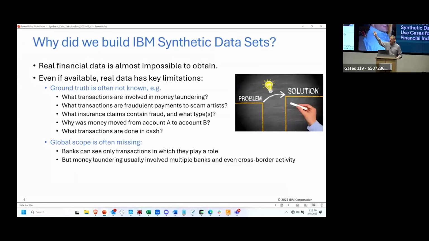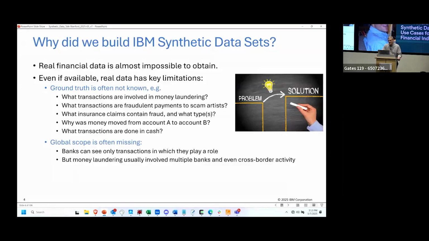And now to jump down to the bottom part of the slide, global scope is often missing. So in places like the US, for example, banks can only see the transactions at which they play a role. So say JP Morgan has a transaction that's going to Citibank. Well, the two of them can see it, but Wells Fargo can't see it.